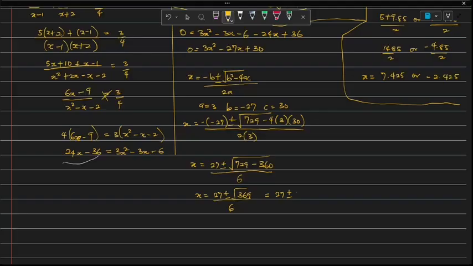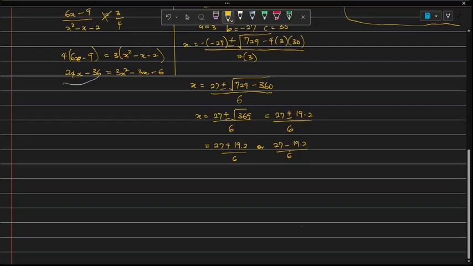So I'm going to be having 19.2 all over 6, which can be written as 27 plus 19.2 over 6, or 27 minus 19.2 over 6. Right. So what is the final answer?